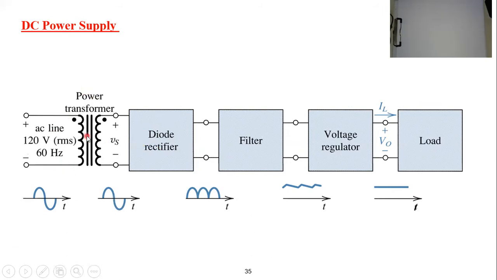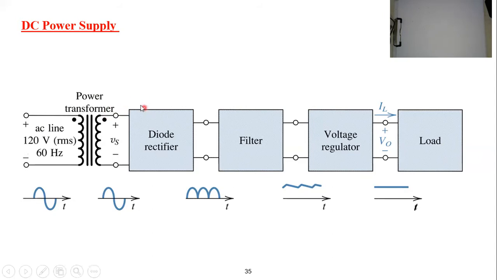Transformers are those devices that step up or step down the voltage based on your needs. So in this case, you have the AC line which is 220 volts RMS, and you need to step it down to 12, 15, whatever it is, then you are going to use transformers. Maybe you will learn more about transformers in your next year courses, when you are dealing with electrical power systems.